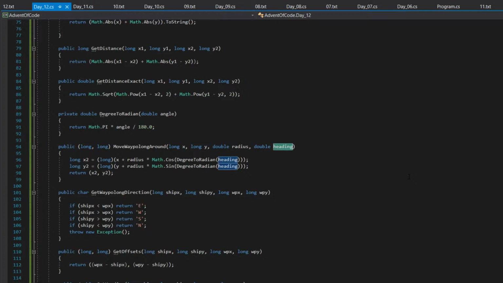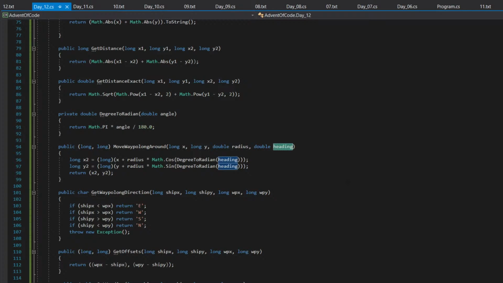So we were starting at east, 0 degrees, and if we subtracted 90 degrees, our heading would then go north. So our new waypoint position would be the position of the ship, the offset between the position of the ship and then that offset of y minus the radius.